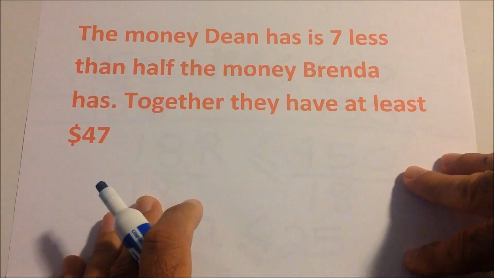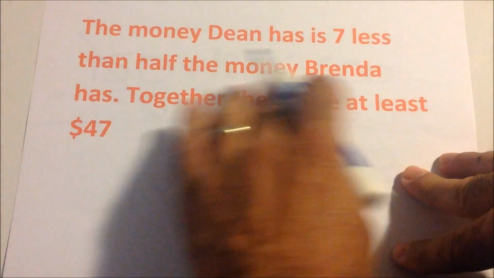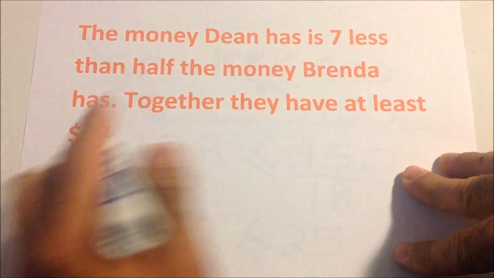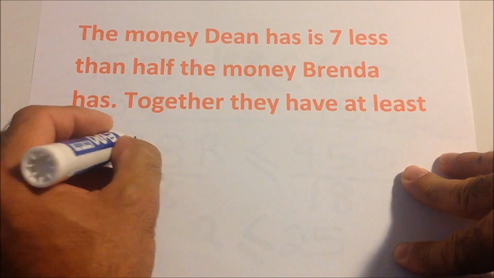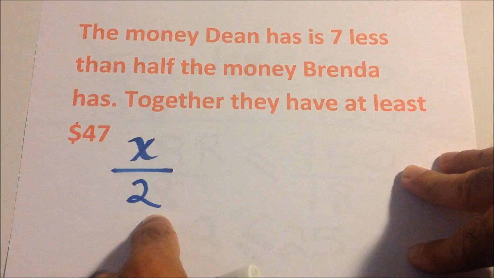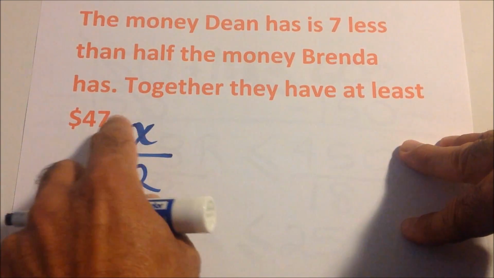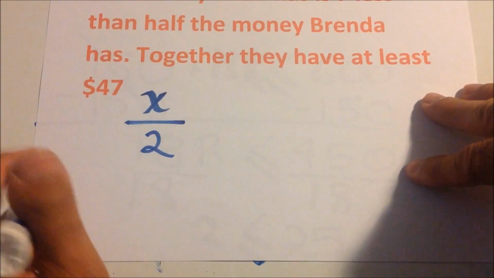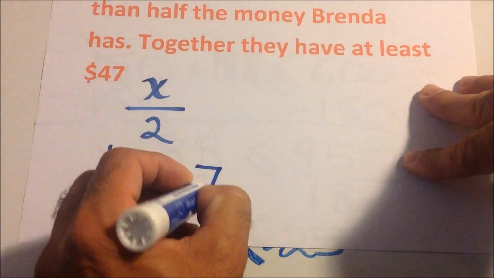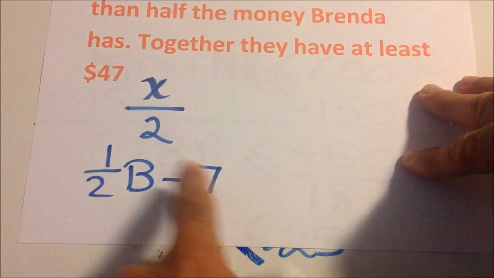Okay, let's look at what Dean has. He has half the money that Brenda has. Also, he has 7 less than that. So half, well, we can use X if we want. That's half of Brenda, or you can do half of B. You can put half of Brenda minus 7. He has 7 less than this.